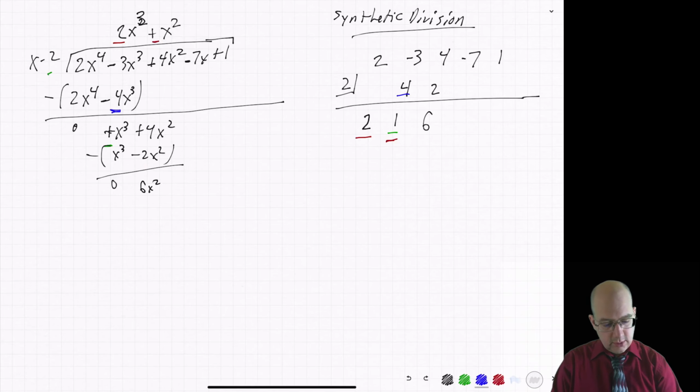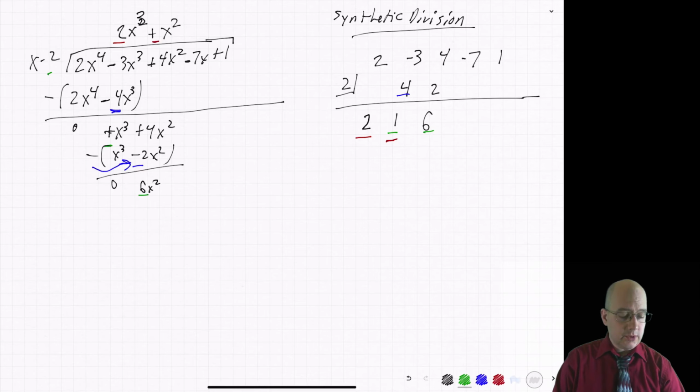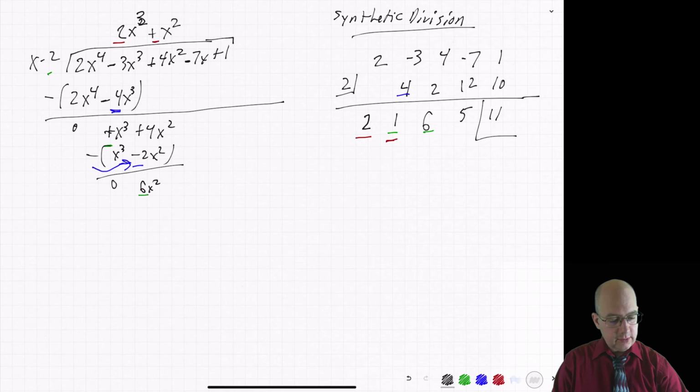Blue, but with that minus sign coming in, right? And then the green, that's 6. We just keep going, right? 12, 5, 10, 11. Okay, that's pretty simple, right?